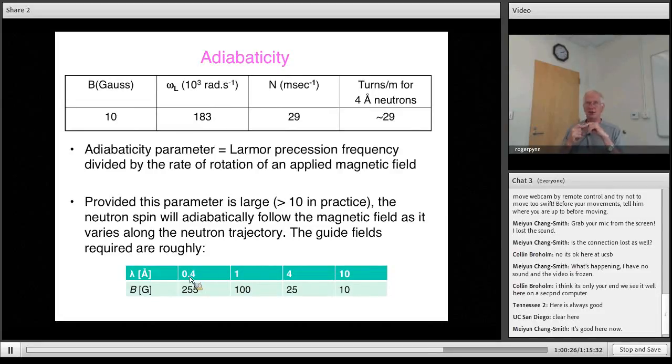So if the neutron is going very fast, which would be the case with a 0.4 angstrom neutron, then the direction of the field is changing very fast, and then you need to make the Larmor frequency very large in order to guide the neutron. So that's a 250 Gauss field. When you get up to a 10 angstrom neutron, you can do the thing in 5 or 10 Gauss, and the neutron will follow the field quite easily.